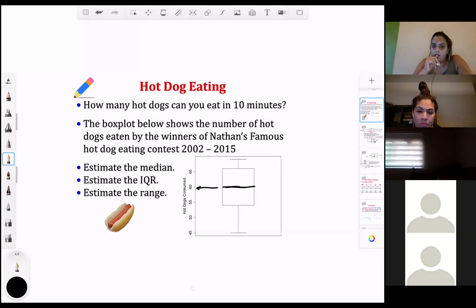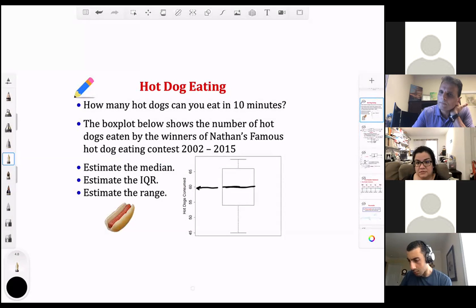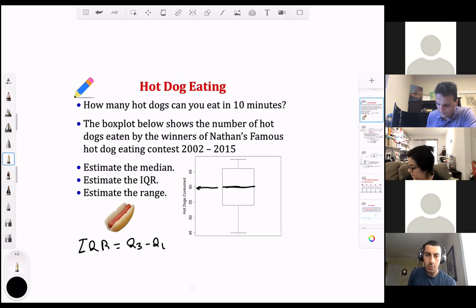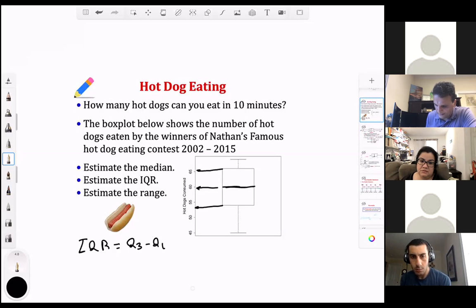10? Maybe, I don't know. But IQR, the formula in your note sheet, they said Q3 minus Q1. This is Q3. This is Q1.